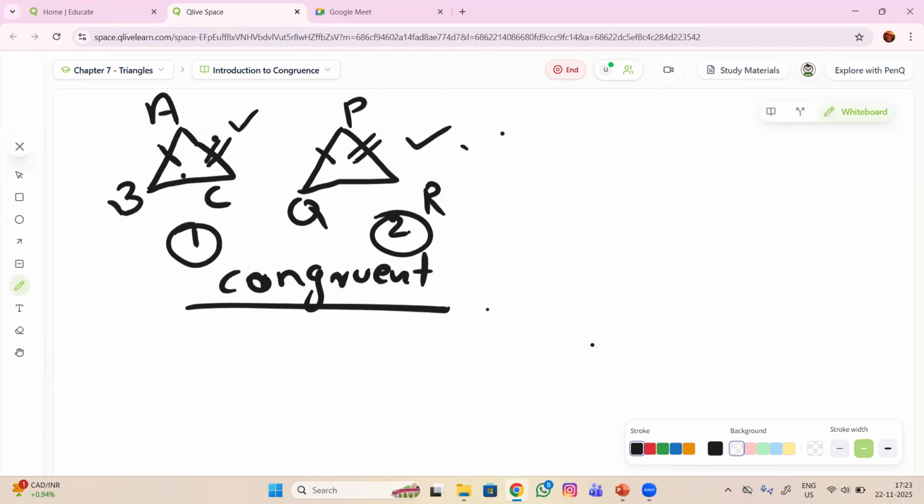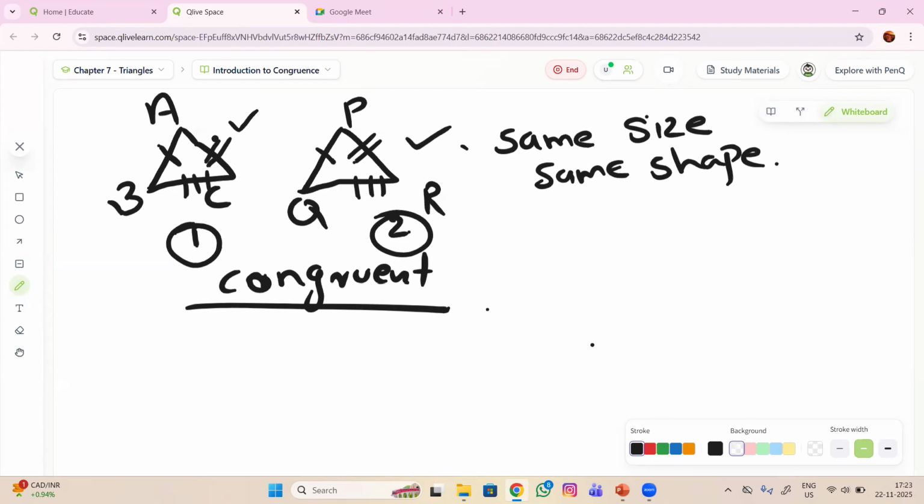Then if side BC is equal to side QR, we can say that these two triangles have the same size and same shape. They are identical by sides.